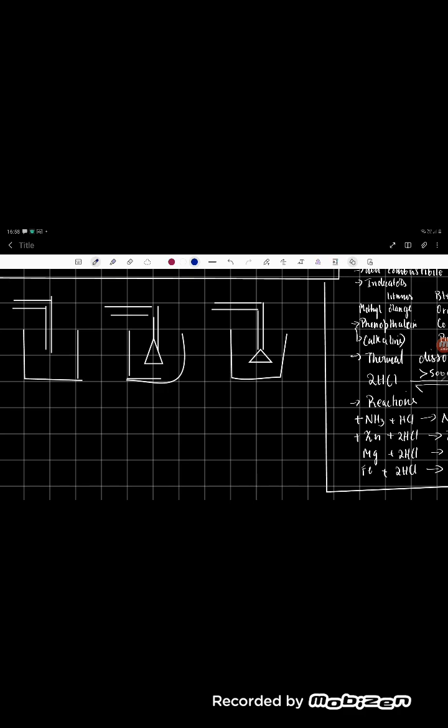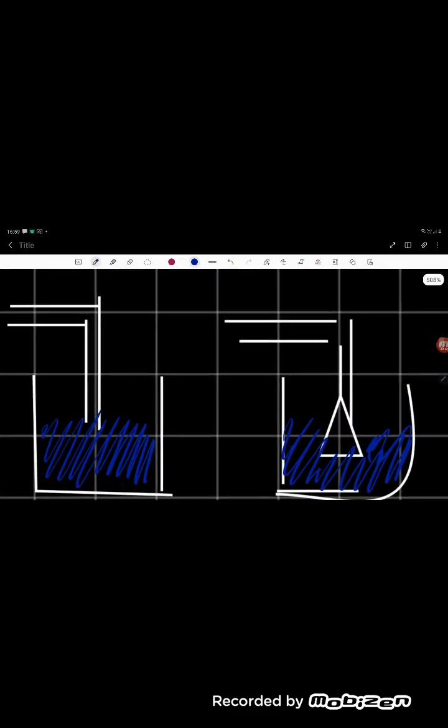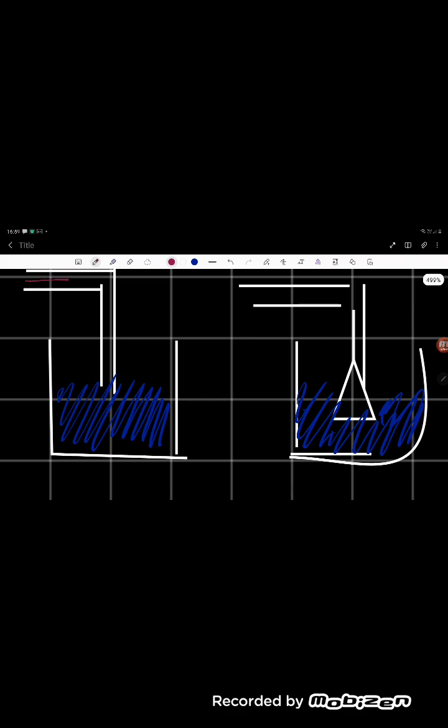So let's take the water. Now water is in all of these three jars. If you directly pour HCl gas, it will come all the way down and soon start mixing with water here.